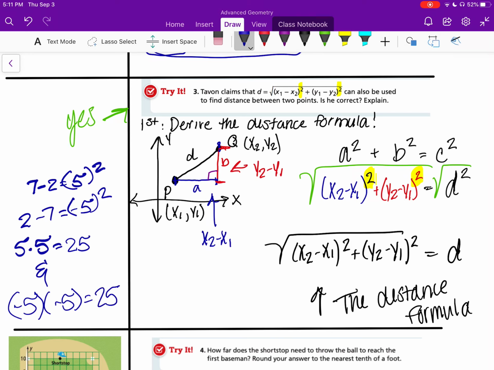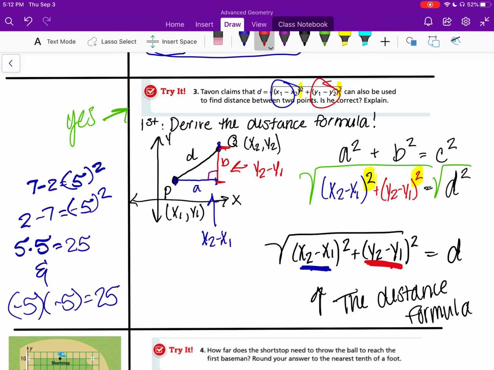So in this case, since we're going to be multiplying that difference by itself, as in squaring it, yes, it truly doesn't matter as long as you are keeping the x values together and you are keeping the y values together using subtraction. It doesn't necessarily matter what order you subtract them in.